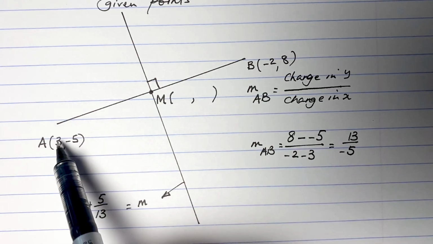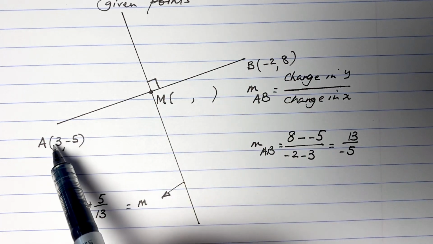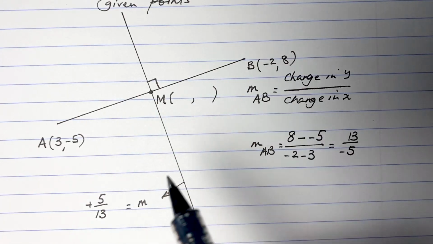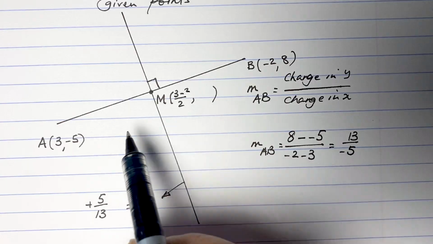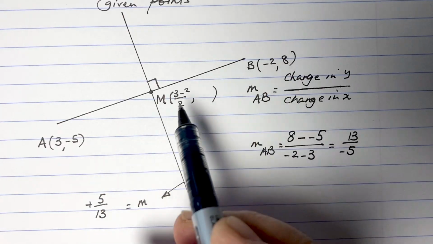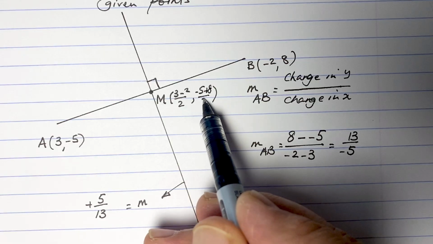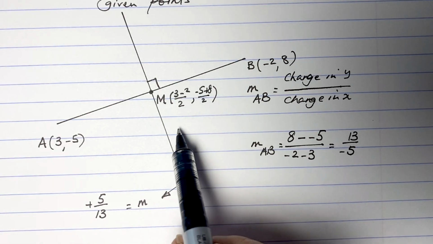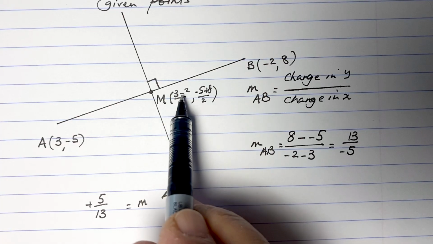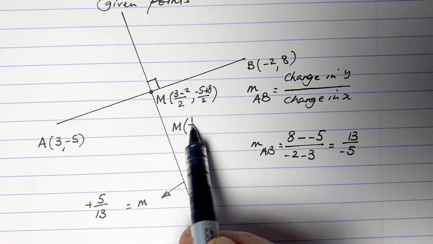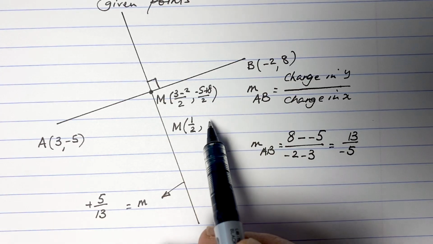To find the midpoint, you add the x coordinates together, so 3 and -2, divided by 2, and then add the y coordinates divided by 2. So if I write it again as a single number, 3 take away 2, 1, divided by 2 is half. -5 add 8 is 3, divided by 2 is 3 over 2.